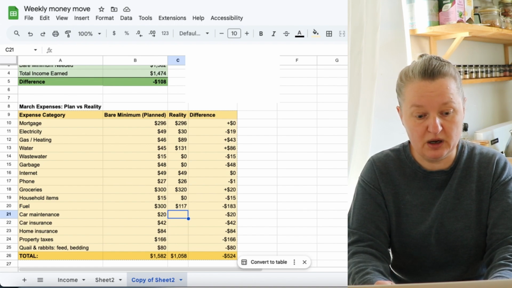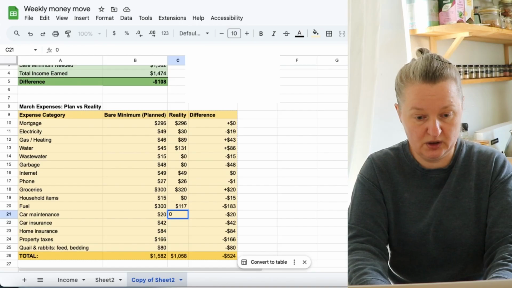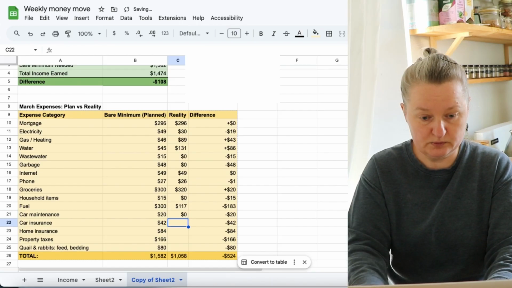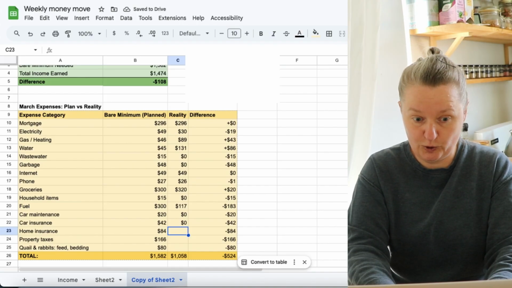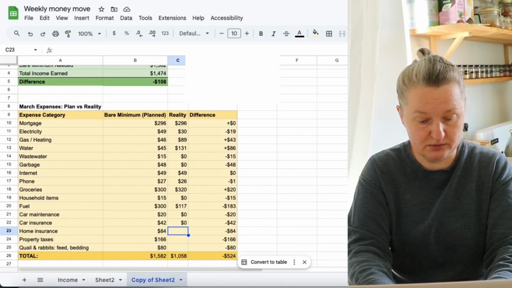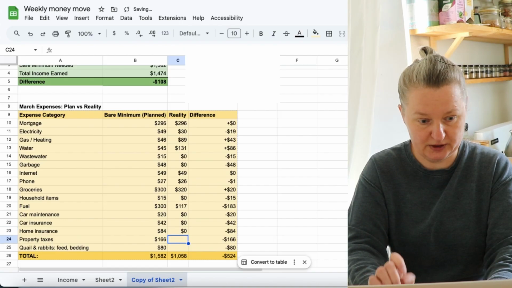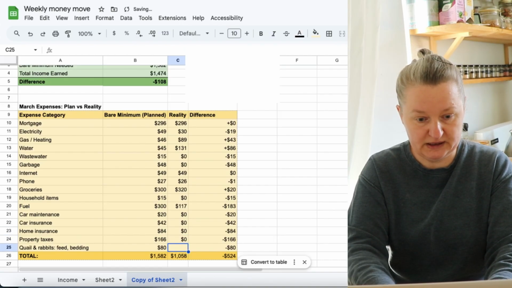Car maintenance, I change oil quarterly, so this month I didn't have to change it. I spent 0. For car insurance, no car insurance this month. Home insurance, whew, I got the bill, but I didn't pay it yet, so 0. Property taxes, 0.